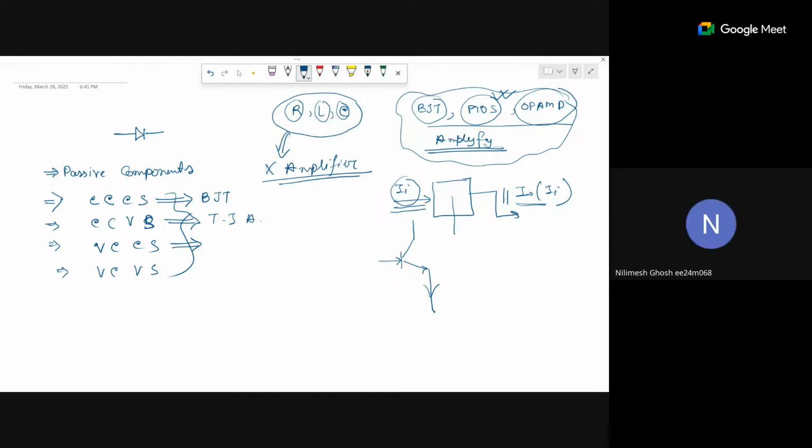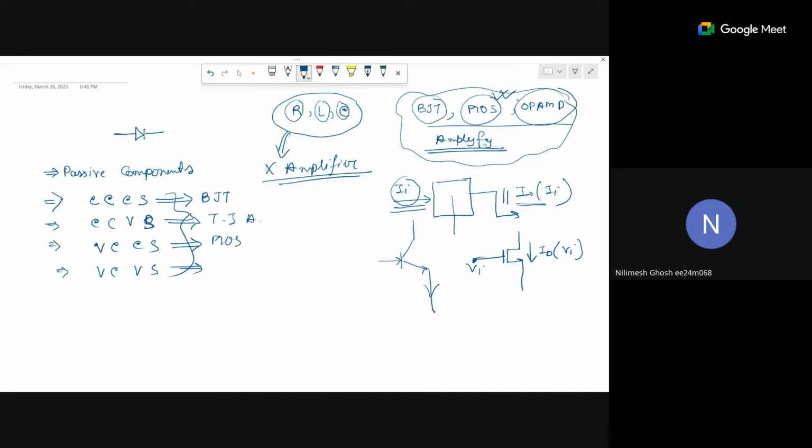For a MOSFET we provide some voltage to the gate, and we get some current as drain current. So we are applying some voltage Vi, and we are getting a current ID that is a function of this Vi. That's why the voltage controlled current source is a MOSFET.